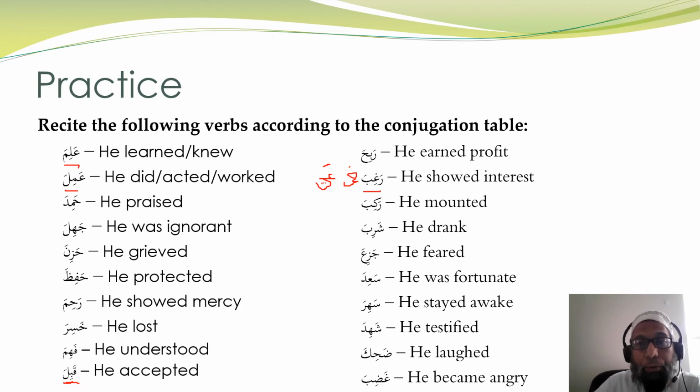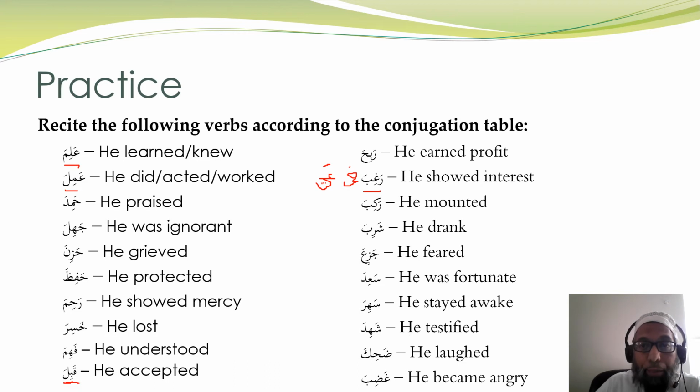Whoever shows disinterest in my sunnah, whoever turns away from my sunnah, he is not from me. So sometimes the preposition coming after the verb can change the meaning of the verb. Raghiba fi would mean he showed interest in such and such thing, and raghiba an would mean he turned away, or he showed disinterest.